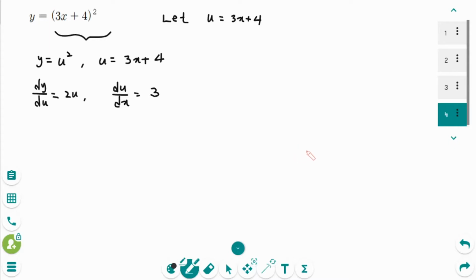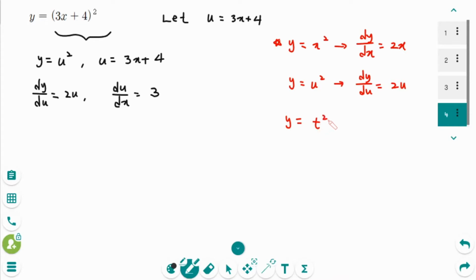Confused about this part, right? Let me explain again. If y equals x squared, then dy/dx equals 2x. If y equals u squared, then dy/du equals 2u. If y equals t squared, then dy/dt equals 2t.